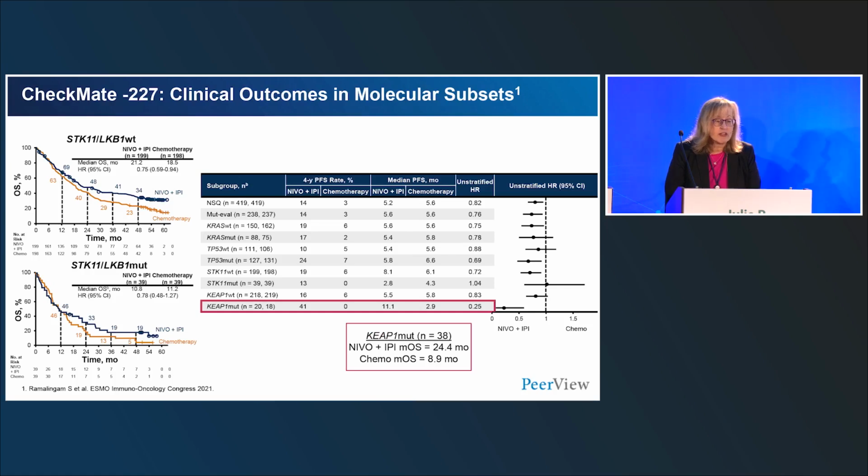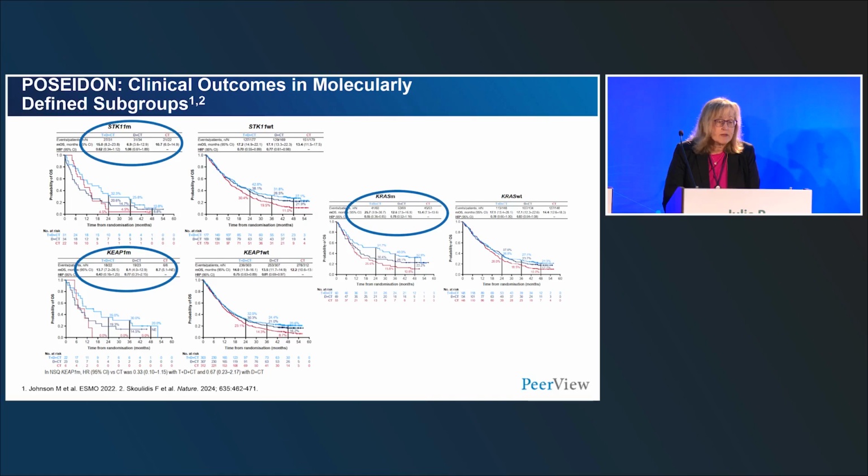Now for CheckMate 227, we do see the same. Even without chemotherapy, you see patients with KEAP1 mutations as well as STK11 mutations can have improvements in survival and progression-free survival, as you can see here for KEAP1 mutant disease.